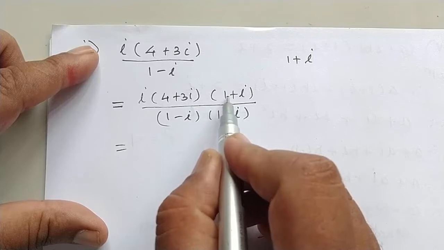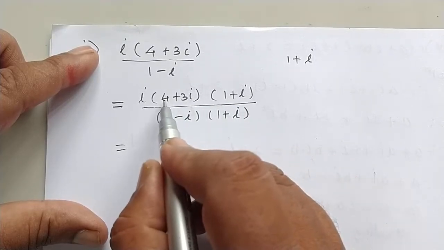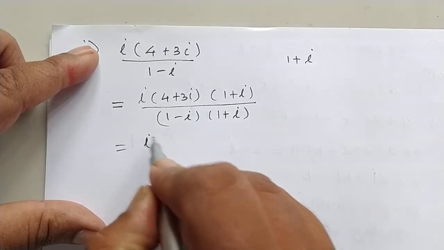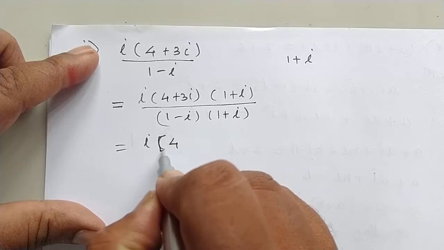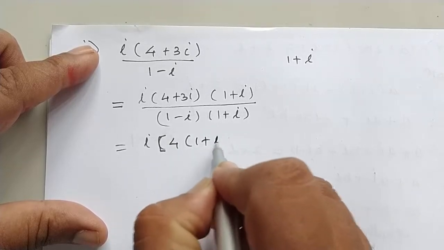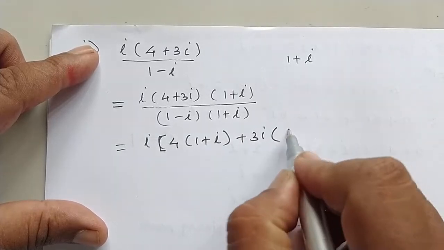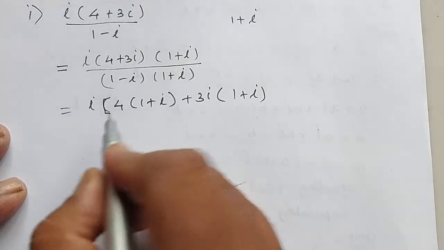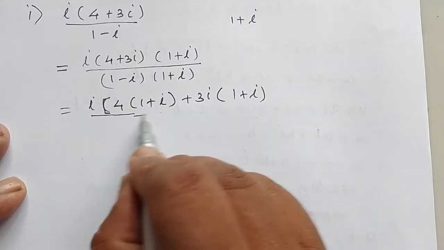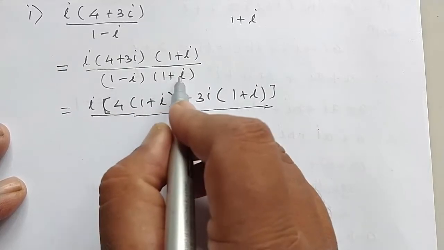Now we multiply (1 plus i) bracket to each term of the first bracket: i into 4 plus 1 plus i plus 3i into (1 plus i), divided by (1 minus i) into (1 plus i).